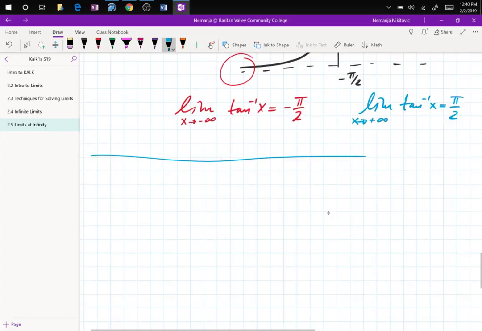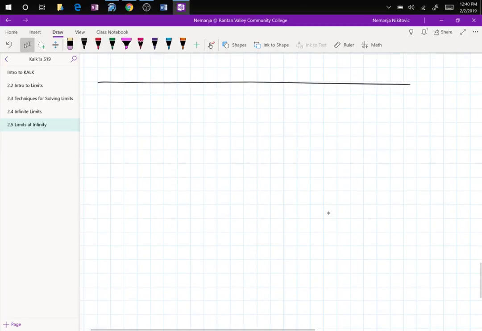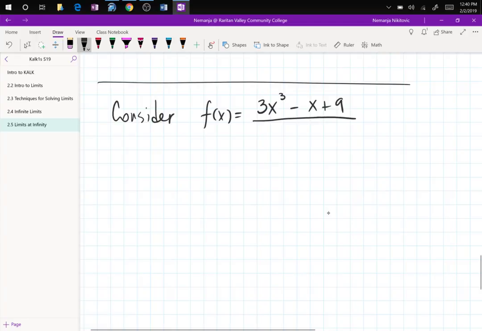So, consider f of x is equal to 3x cubed minus x plus 9 divided by the square root of, I don't know, it doesn't really matter, 16x to the 6 plus 4x squared plus 2.